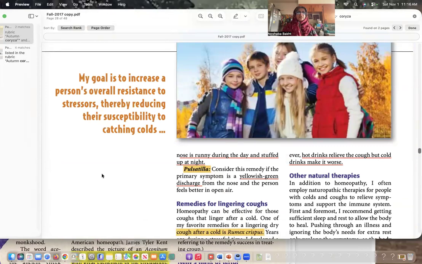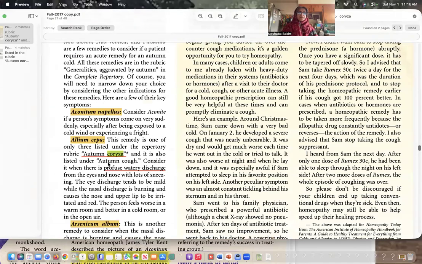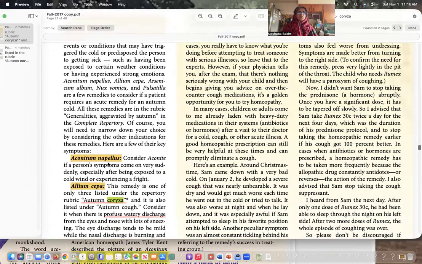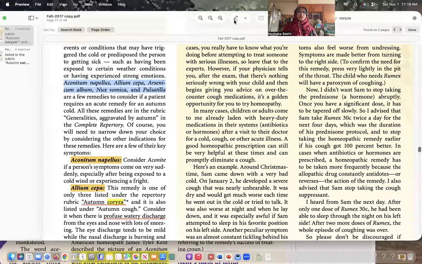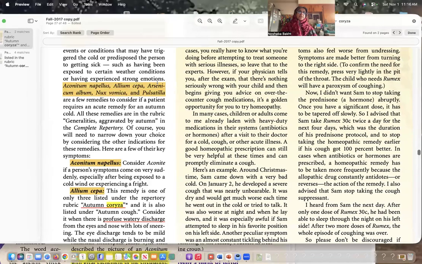So depending on the presentation of the cold, you can give these remedies, depending on how the person is presenting.